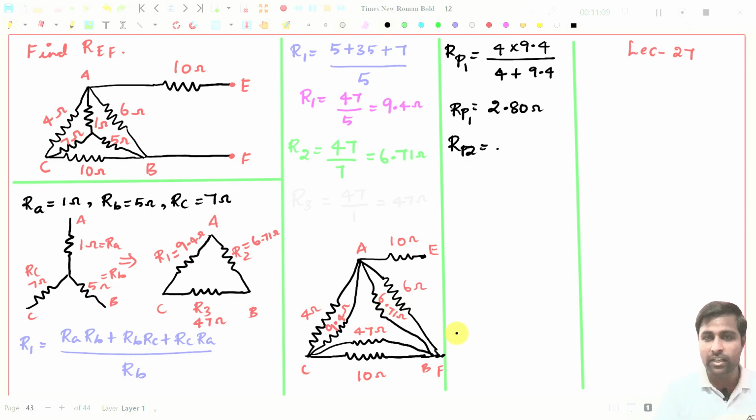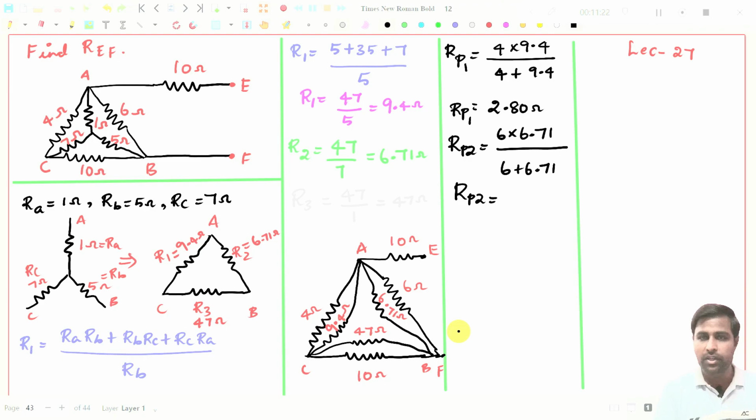So in the denominator it has to be 6 plus 6.71, and in the numerator it will be 6 into 6.71, right? If you simplify this, this RP2 will come as 3.17 ohms, right? So we have found the equivalent resistance at these 2 points.